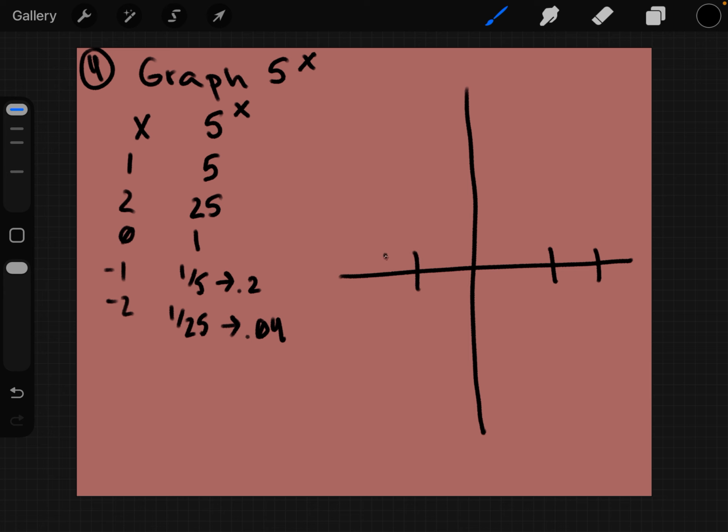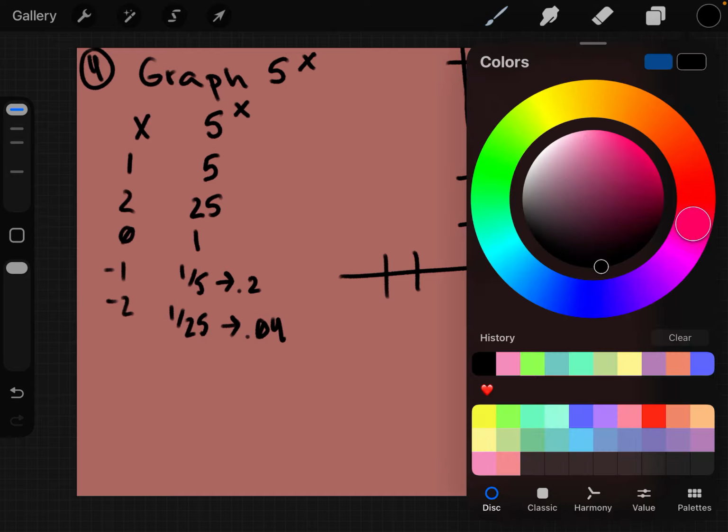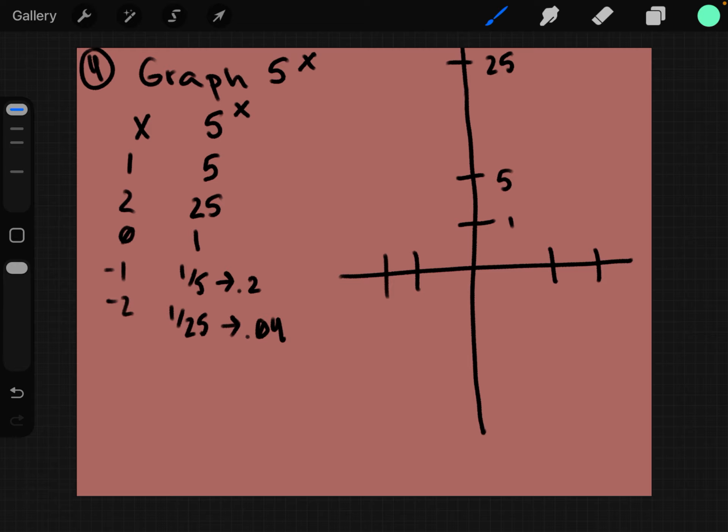So: 1, 5, 2, 25, 0, 1, negative 1, 0.2, and then 0.04.